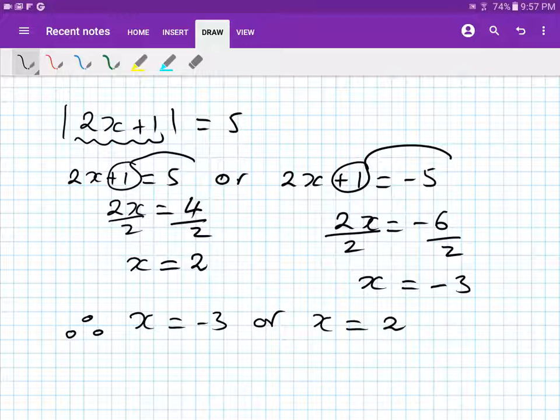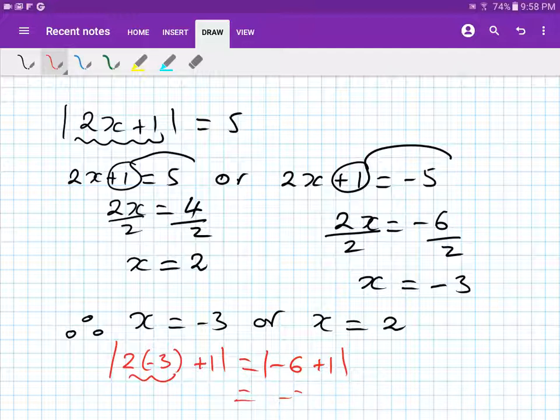Let's do a bit of checking. Testing: if x is negative 3, then 2 lots of negative 3 plus 1 is negative 6 plus 1, so the absolute value of minus 5 gives me 5. That's correct, you see.